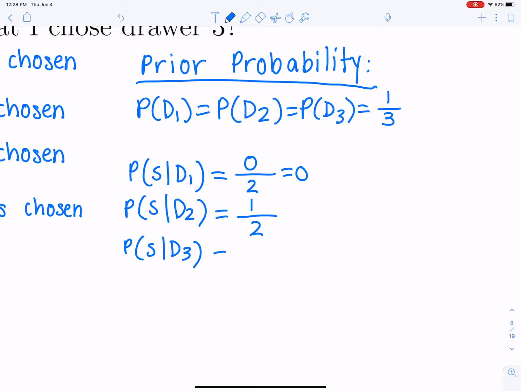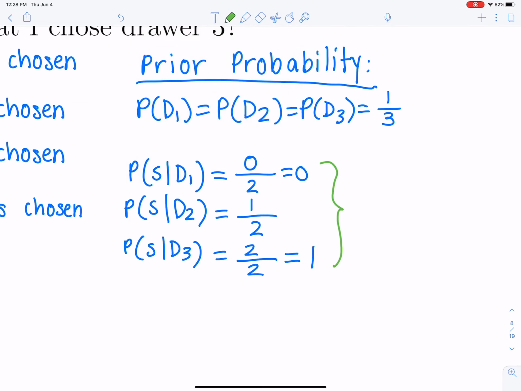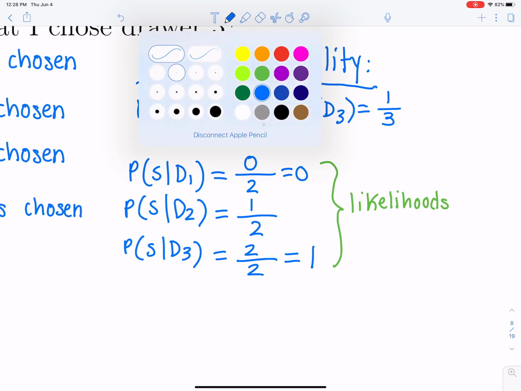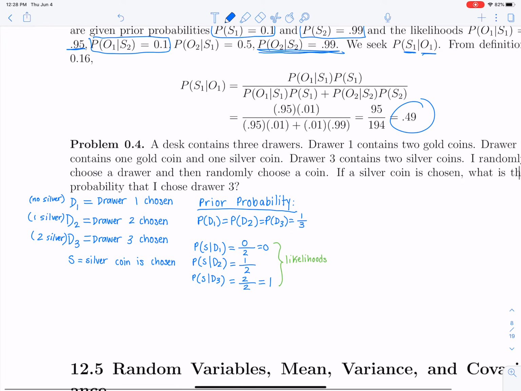For drawer 3, there are 2 silver coins out of 2, which is 1. Sometimes people get confused. Remember, these are just the likelihoods of this occurring based on what we already know is in the drawers. So this is not the probability. If you notice, the denominator is 2 because there are in total 2 coins.